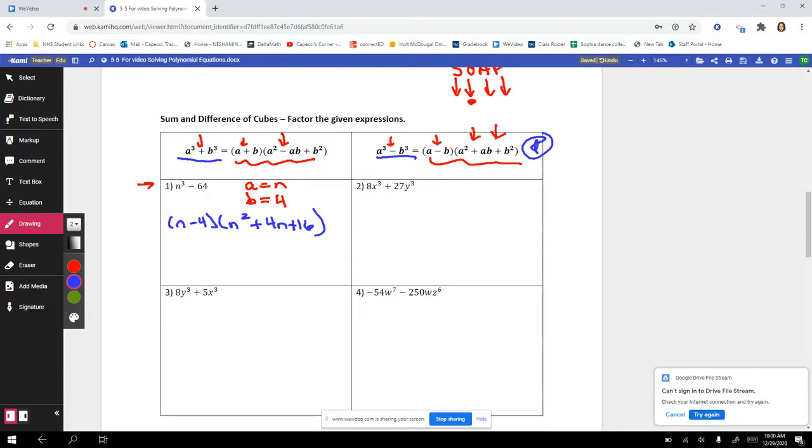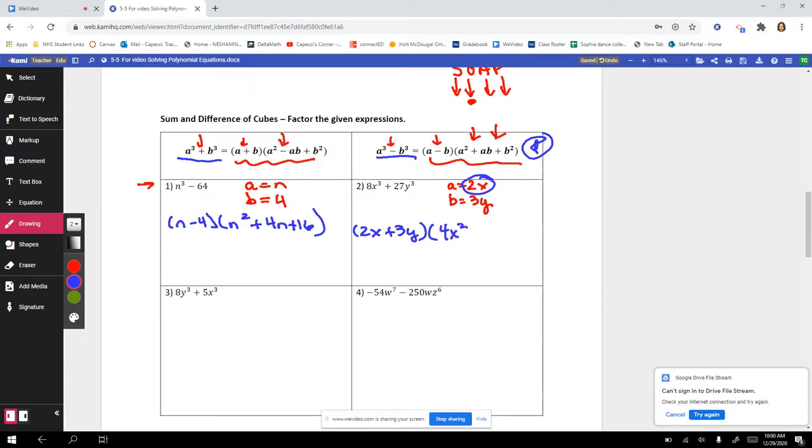Okay, let's look at our next example. Now I don't just have a variable here, I have a number in front. So my a value is 2x, and my b value is 3y. I'm going to be careful when I factor. I'm going to have a plus b, so 2x plus 3y. Then I have to square the entire thing. 2x squared is 4x squared.